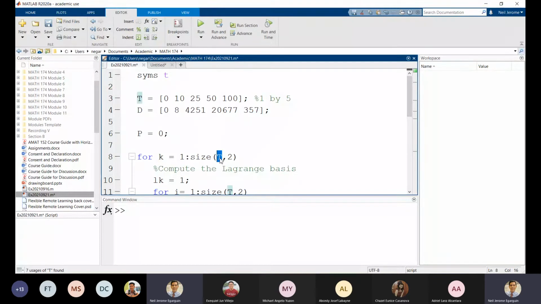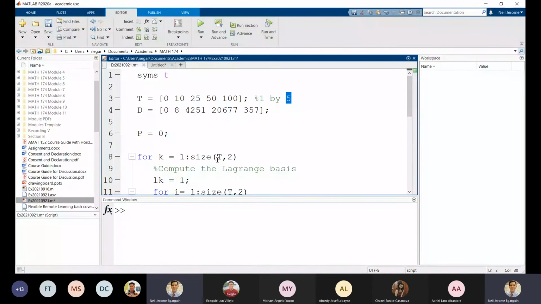Number of rows, number of columns. However, I specifically told MATLAB to compute the size of the second dimension. So size of the second dimension, so si T ay 1 by 5, second dimension is 5. So the summation for the for loop for K goes from 1 until 5, representing each of the abscissas. Okay?